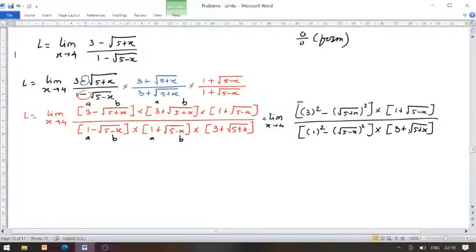Keep in mind, you may directly apply the limit to both irrational factors from numerator and denominator in this step also. But we will write it at last.